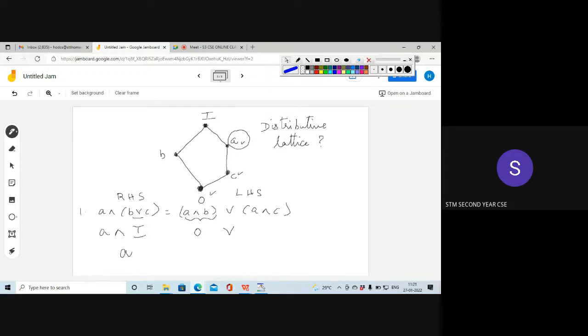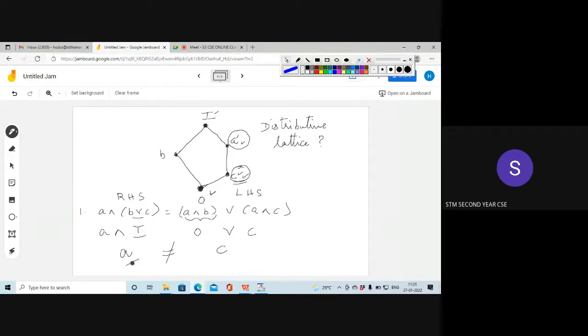For A and C, the lower bounds include C and O, out of which the greatest is C. So O or C, and the least upper bound of O and C is C. So we find that A is not equal to C.